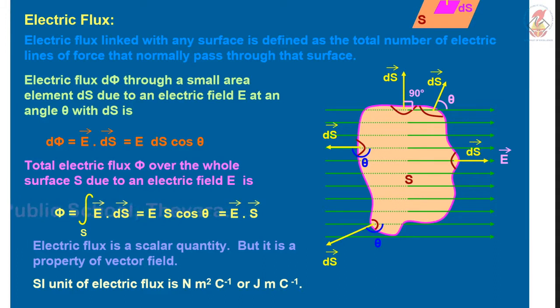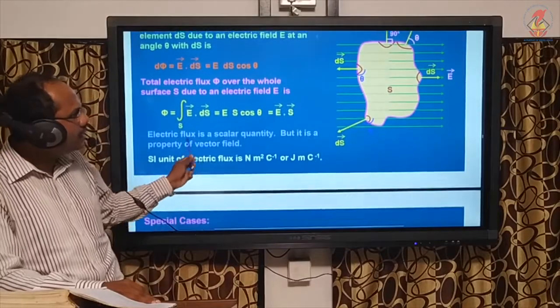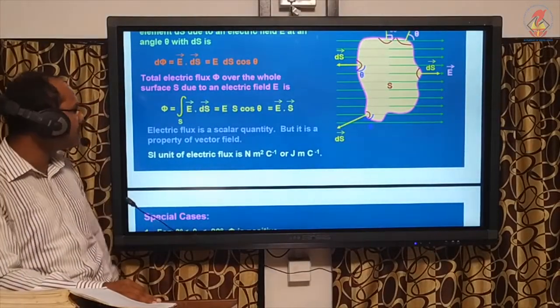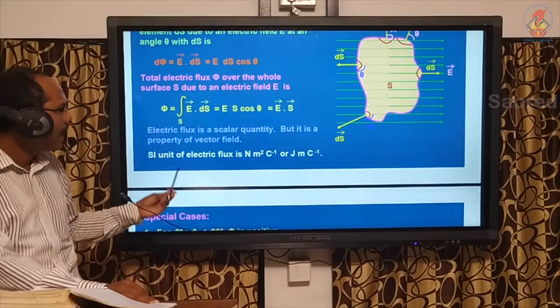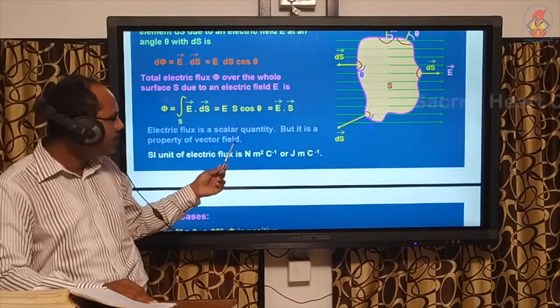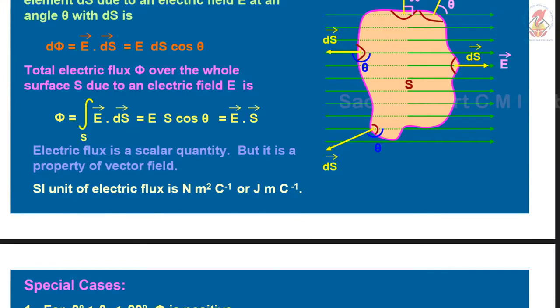Total electric flux can be given as the surface integral of vector E dot vector dS, which is ES cos theta, or I will write vector E dot vector S. Since it is a dot product, electric flux is a scalar quantity, and the SI unit of electric flux is Newton meter square Coulomb raised to -1, or Joule meter Coulomb raised to -1.